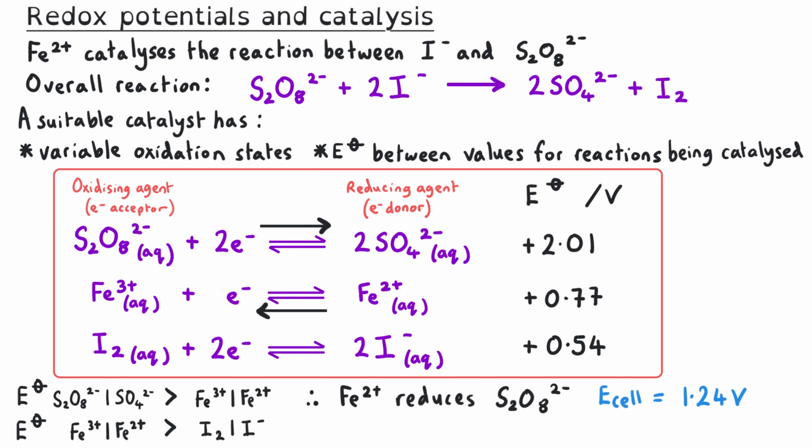But the electrode potential of iron 3+ to 2+ is greater than the electrode potential for iodine turning into iodide, and so that means that the iron 3+ is able to oxidize the iodide ions by accepting electrons from them, with an E cell or EMF for this reaction being 0.23 volts.